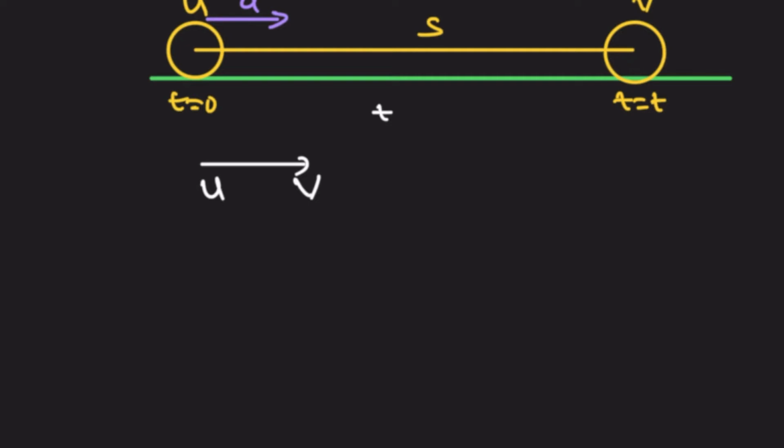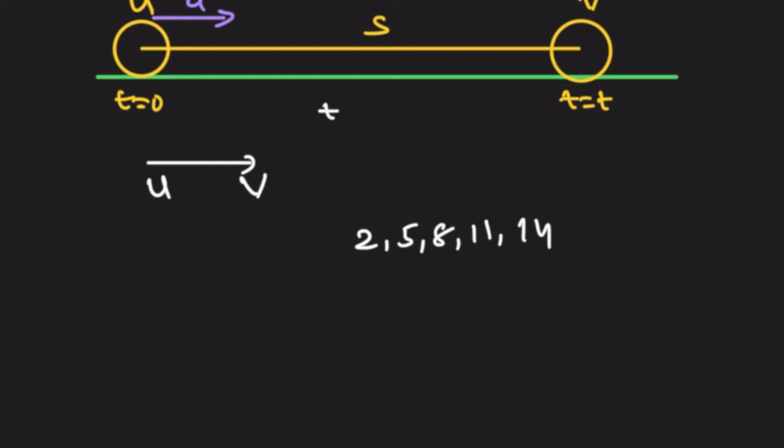See here, I take some regularly increasing numbers. For example, 2, 5, 8, 11, 14. These are regularly increased by how much? 3, 3, 3, 3. I want to calculate the average of all these terms.